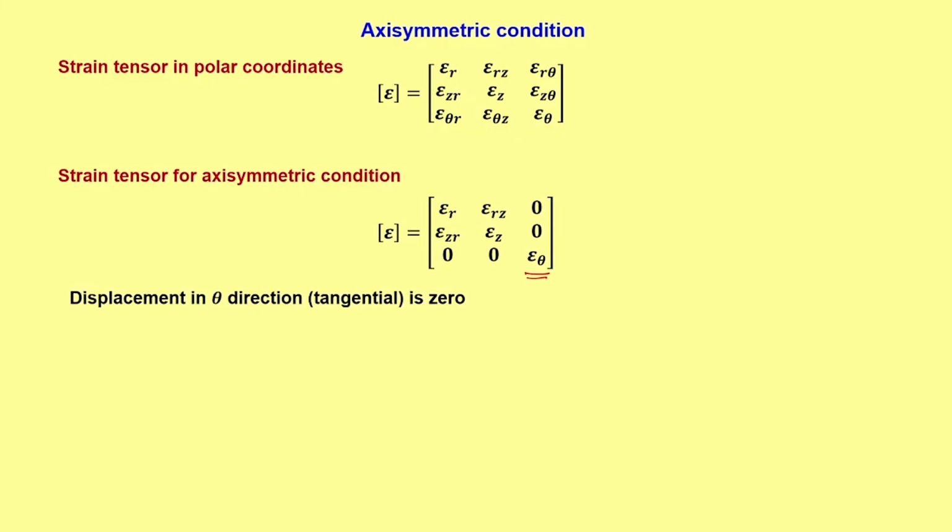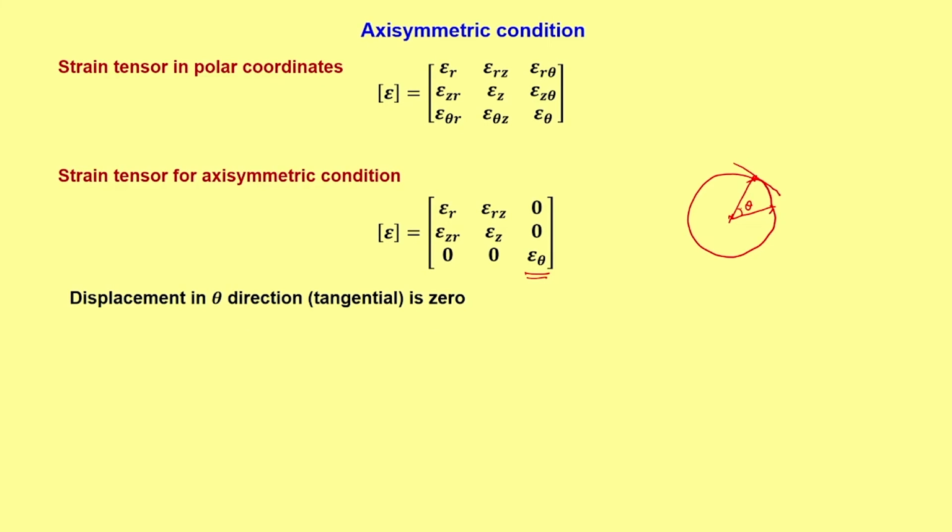Why? Displacement acting in the theta direction is 0. If I represent it, this is the reference, this is theta. Theta direction means this is the tangential direction. If you draw a tangent here, we define theta based on the tangent. Displacement in this direction is 0. If displacement is 0, then why is epsilon theta non-zero?